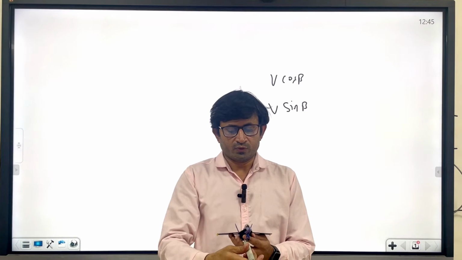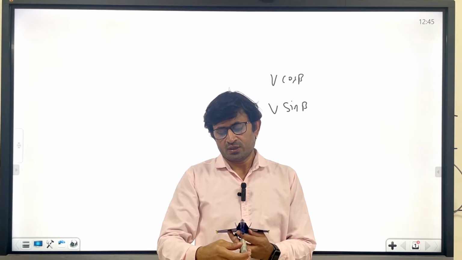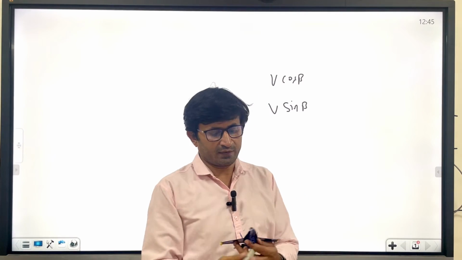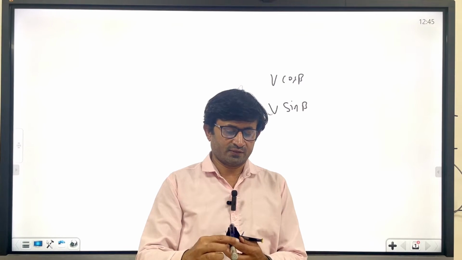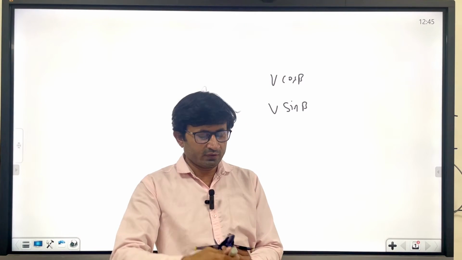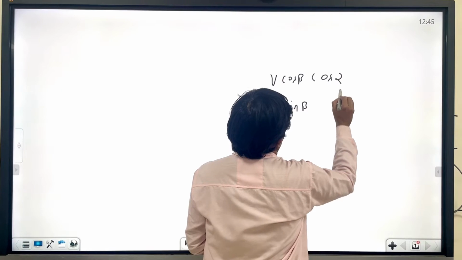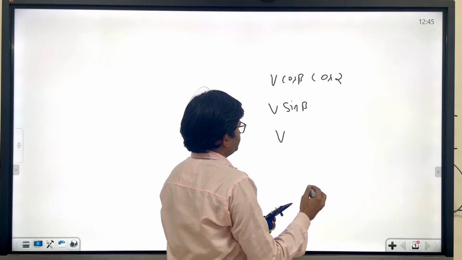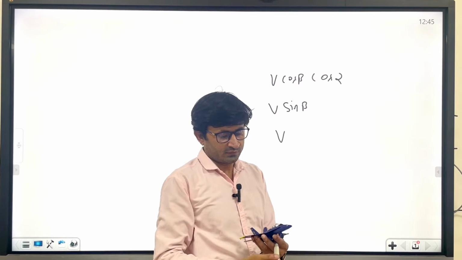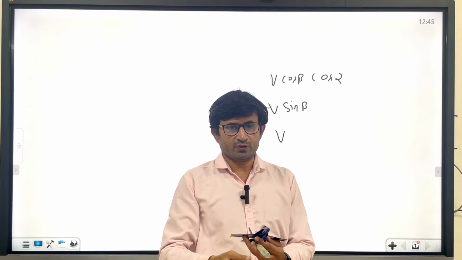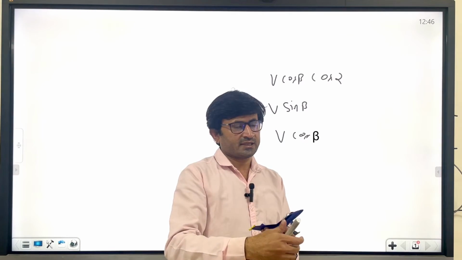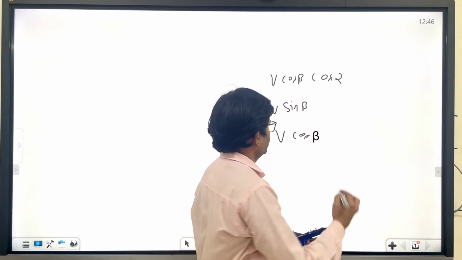When you take this component, this is the angle of attack alpha, the angle it makes with the x-axis. After resolving, this vector makes some angle with the x-axis of the body reference frame. That is the angle of attack. Since one component is V cos beta, along the x-axis it is V cos beta cos alpha, and along the z-axis it is V cos beta sin alpha.